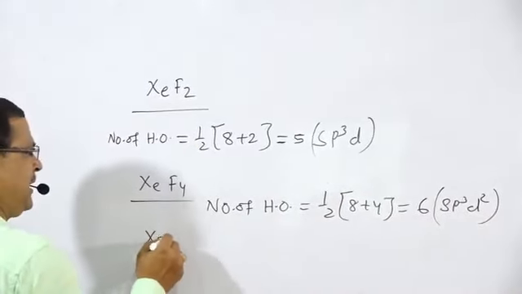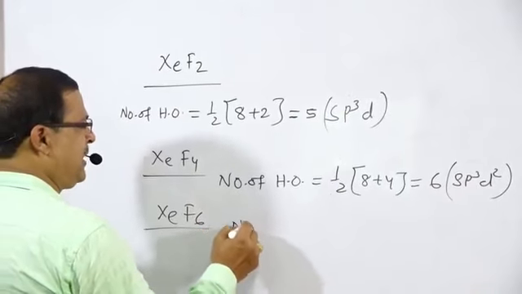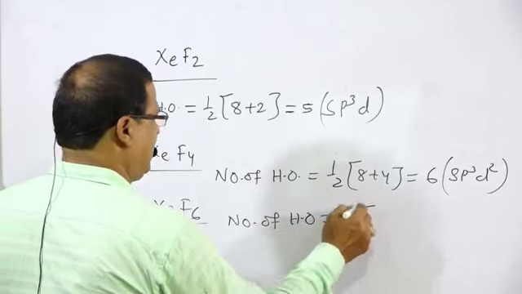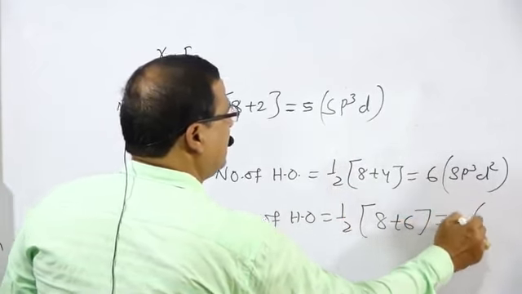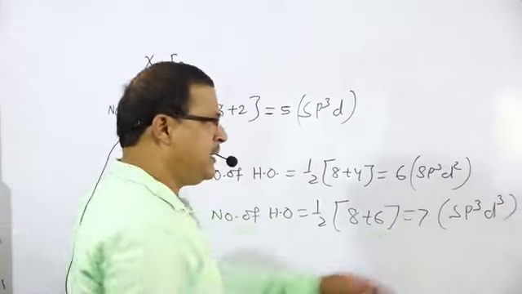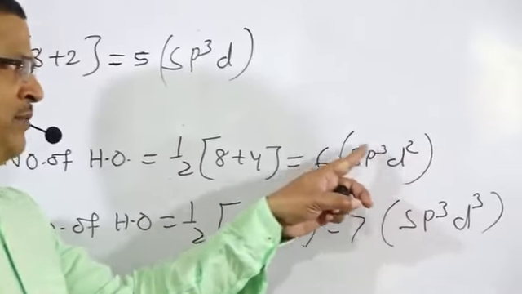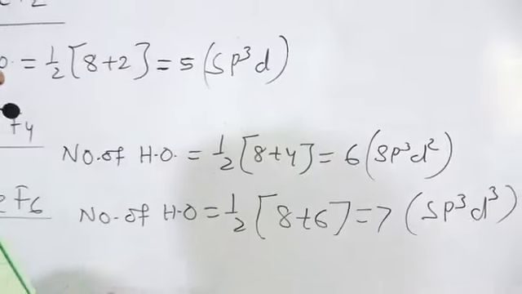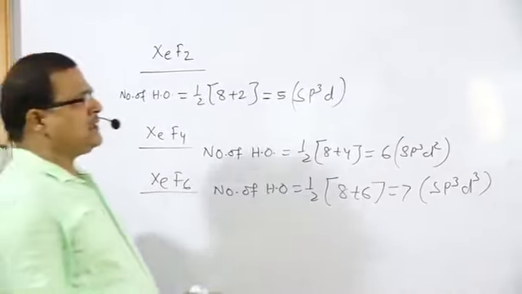Then xenon hexafluoride, number of hybrid orbitals is half of 8 plus 6, that is equal to 7, that is sp3d3. 3 plus 3 plus 1 is 7, 2 plus 3 plus 1 is 6, 1 plus 3 plus 1 is 5. Next, we apply the same formula to the oxide compounds.